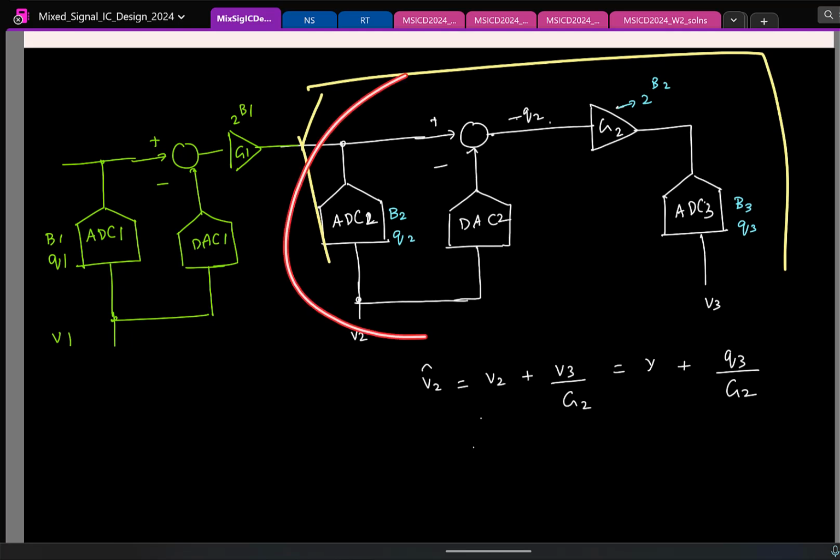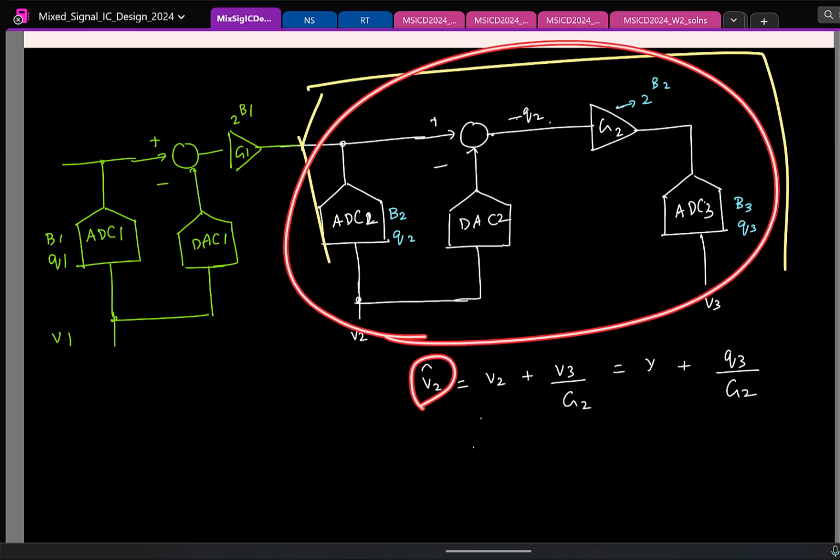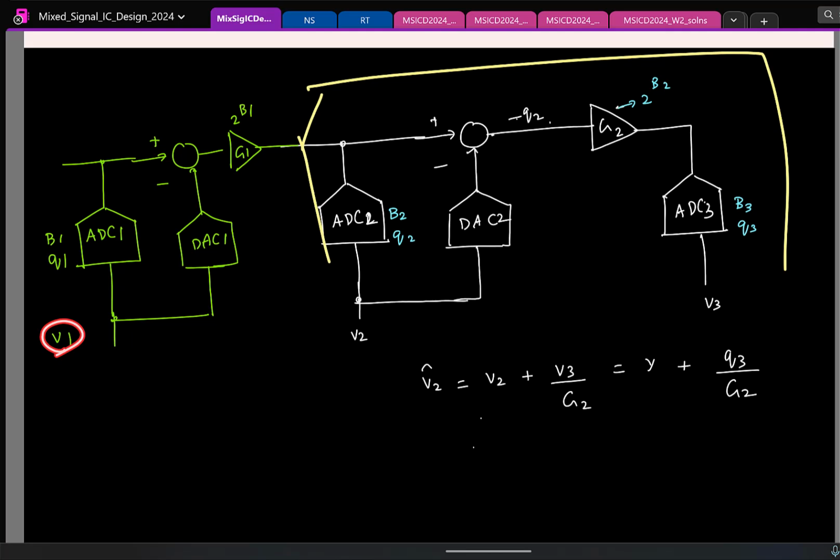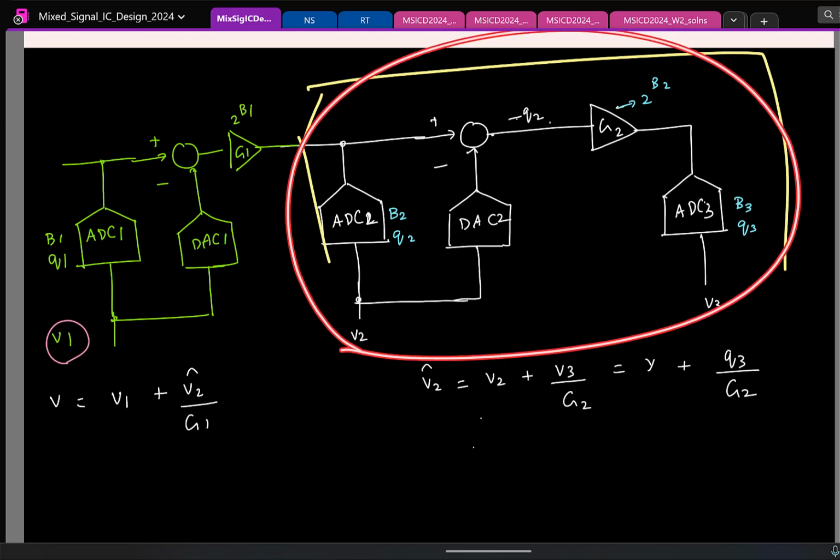Now let us say this is one whole ADC whose output is V2 hat. This output is V1. So how will I combine the final output? V2 hat by G1, plus V1. This is the first ADC, V1, and this is the entire second ADC, V2 hat. Fine.